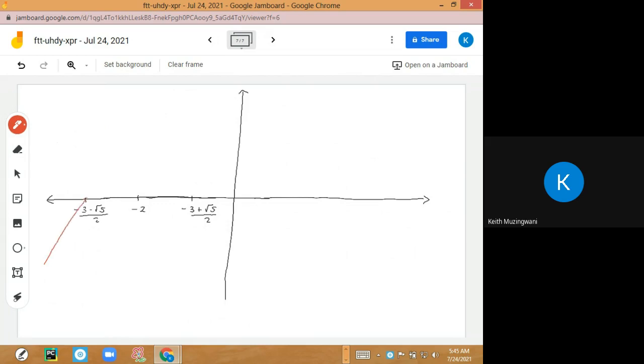It will hit there, come down, make a turning point. I'm supposed to make it a bit nice, but it's difficult. Okay, let me try to redo it. So this is negative 3 minus root 5 over 2.